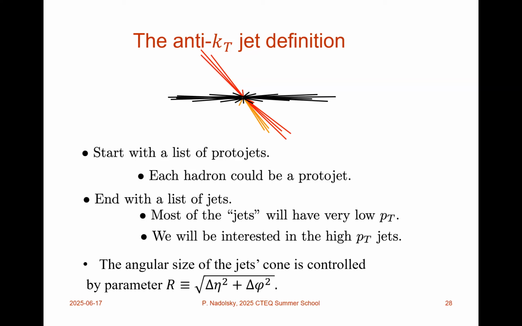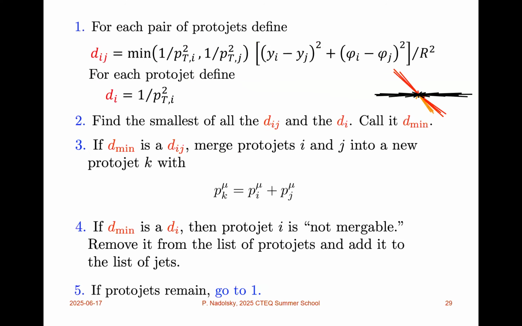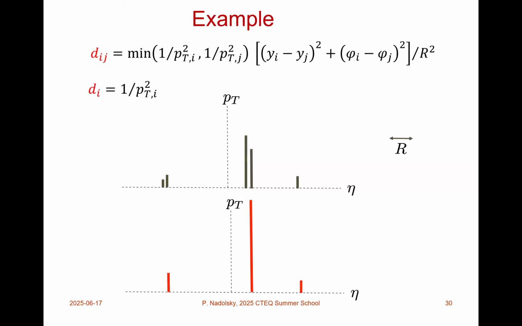There is this anti-kT jet algorithm. I probably will not discuss it now, but if there is interest, we can discuss how it works during the recitation, and I encourage you to review it. Here is an example of how the anti-kT jet algorithm works. Here we have pseudorapidity, not rapidity, showing, let's say, five individual particles.